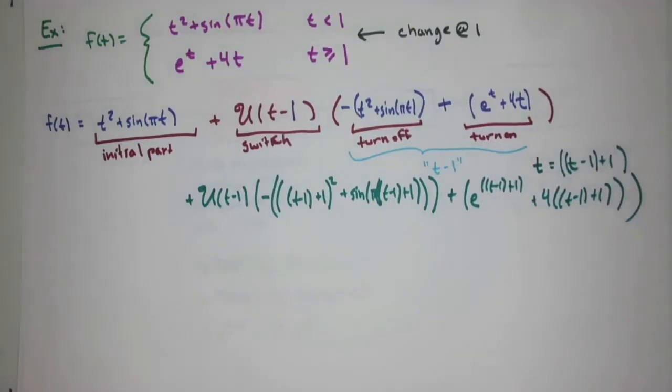Okay, there you go. And you're probably thinking, that does not look better. It does not. But it's not about looking better visually. It's about making it compatible with the table.